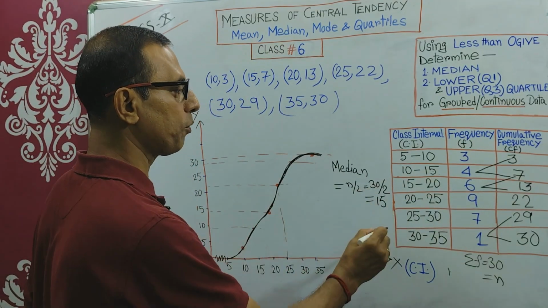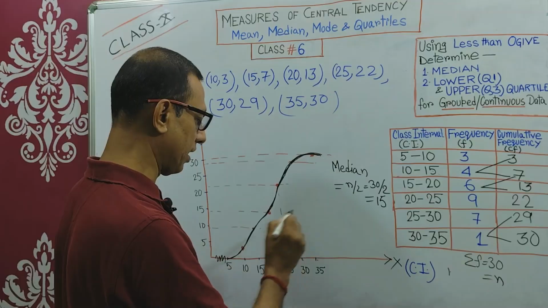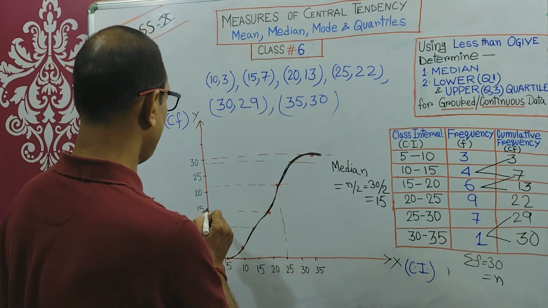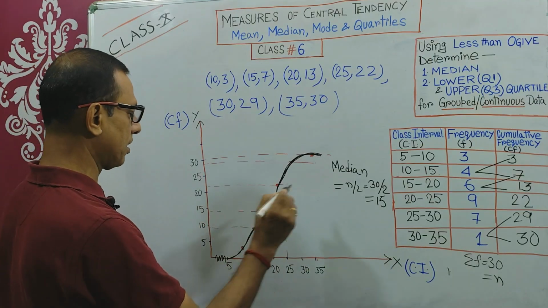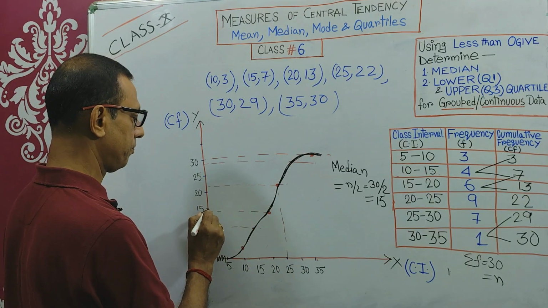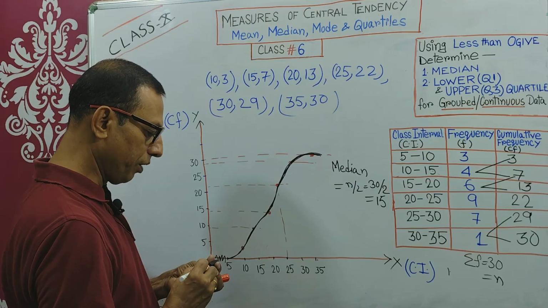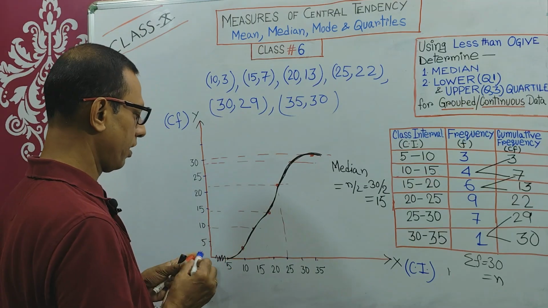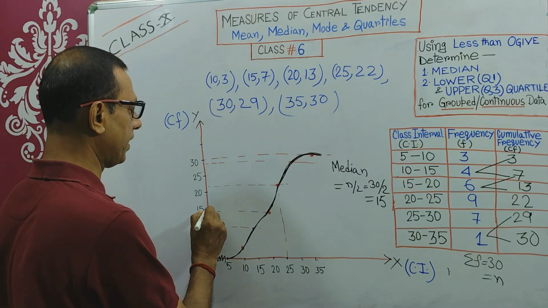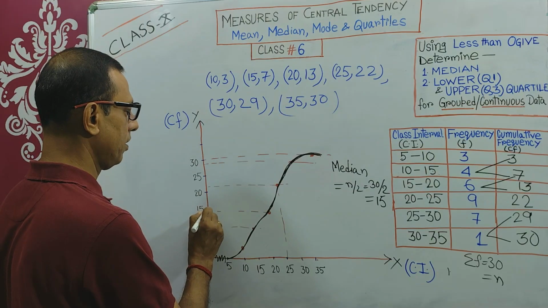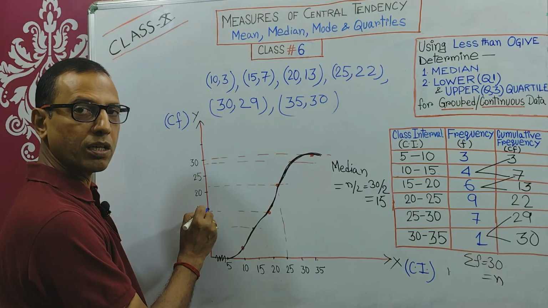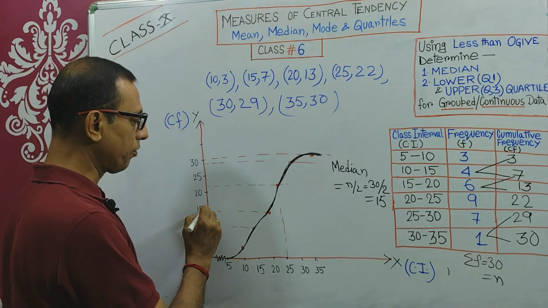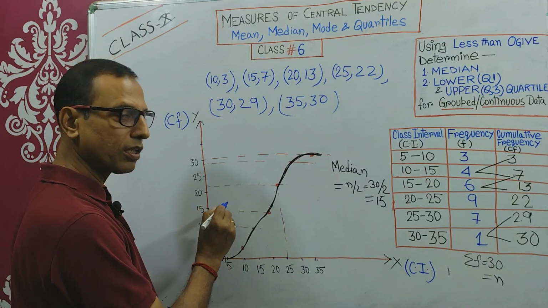So at the 15th position, you can see very well in the graph also, you plot the cumulative data 15. So 15 is the median position. From 15 cumulative frequency, that is the position of the median, what is the observation value associated with this position?